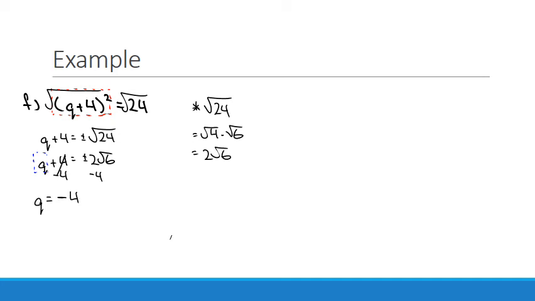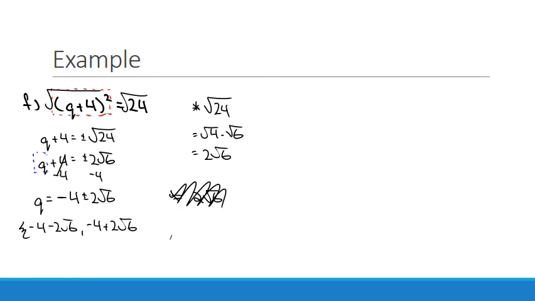I'd write negative 4 plus or minus 2 root 6, and that would be it. I'm not going to add them together, so it is not equal to negative 4 plus 2, which maybe you think is going to be 2 root 6 or something like that. No, that's not what happens. You just leave it like that, and that might feel kind of funny, but that's what we do. So it's negative 4 minus 2 root 6 and negative 4 plus 2 root 6.